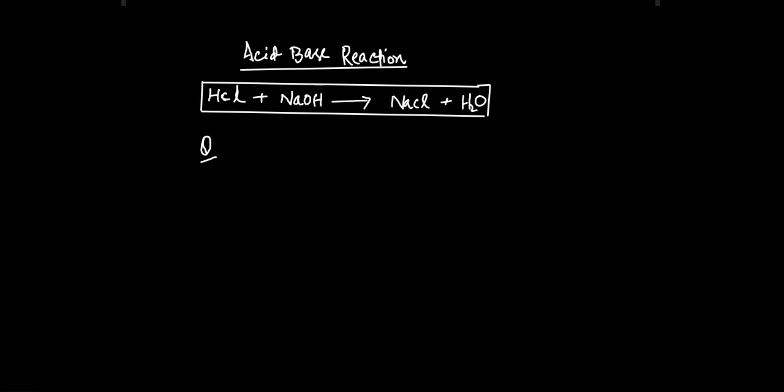So the first question we are going to ask is why the stable reactants HCl and NaOH react. What makes their reaction possible? Normally you just study that it's a strong acid and a strong base, and they react to give something which is neutral.